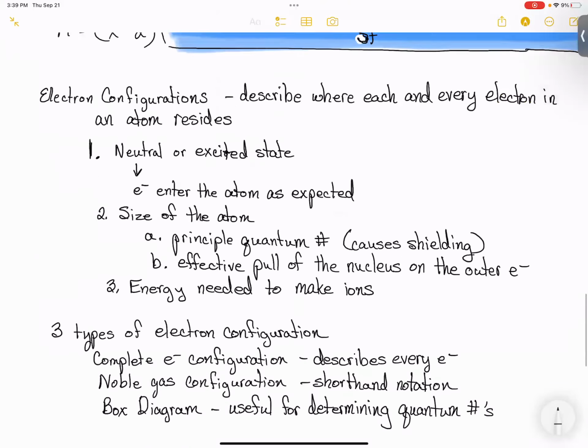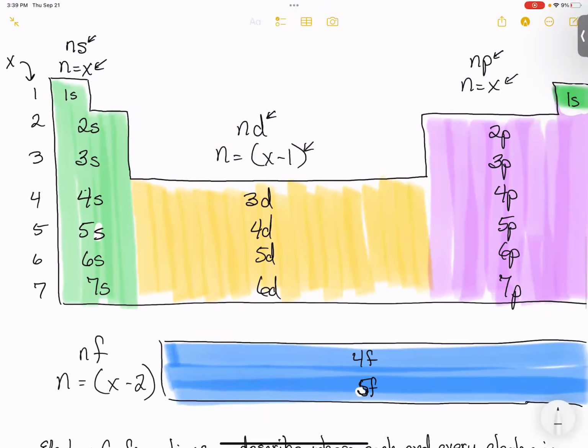And unfortunately, I'm stuck scrolling up and down, and you get the drift. Here is hydrogen. Hydrogen is in the NS, where N is equal to the period number.